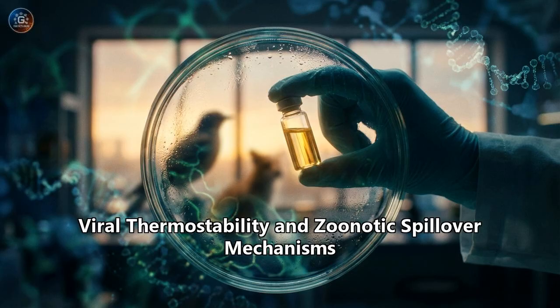The story of zoonotic spillover is often told as a biological accident, a random encounter in a forest or a market. But at the molecular level, it is a story of physics. It is the story of protein shells evolved in the metabolic furnace of bat flight, surviving the chill of the open air, and enduring the fever of a human host. Viral thermostability is a double-edged sword.